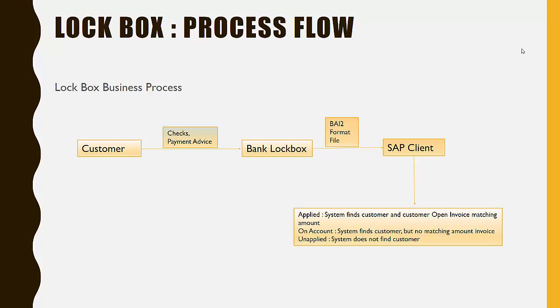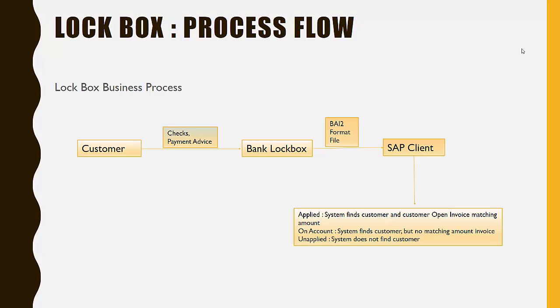What Lockbox does is replace this manual process with an automatic process. Customers, instead of sending checks to the company, will send the check to the bank. The bank has a Lockbox number. This Lockbox number is actually a PO box number, provided by the USPS.